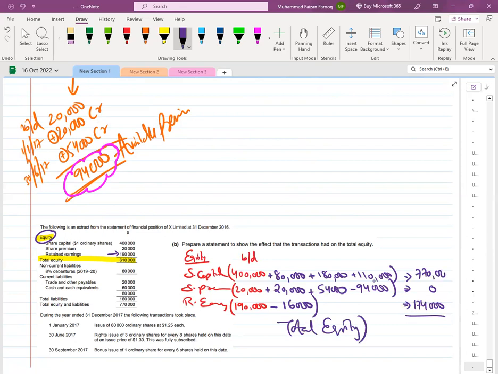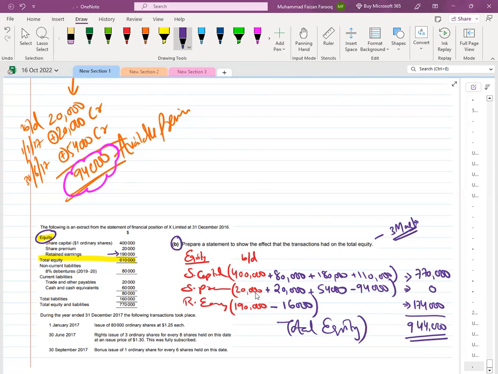And the last one, premium, I think is coming 0. Check it out. And total equity is 944. This is the B requirement for 3 marks. That is what is going to happen with your equity after the transaction above. For the share premium, it is 0. So that's the past paper.